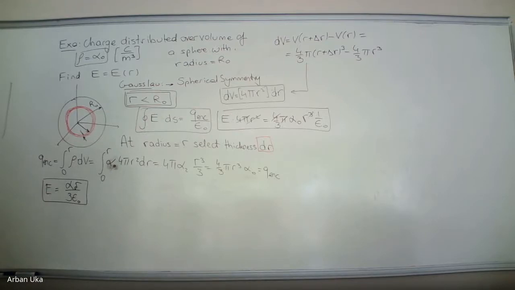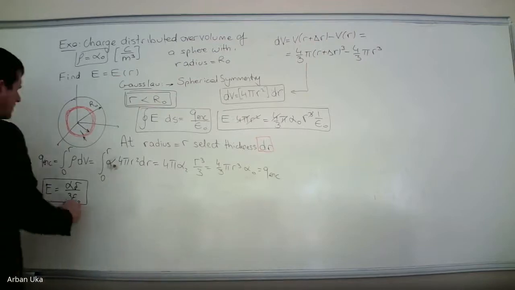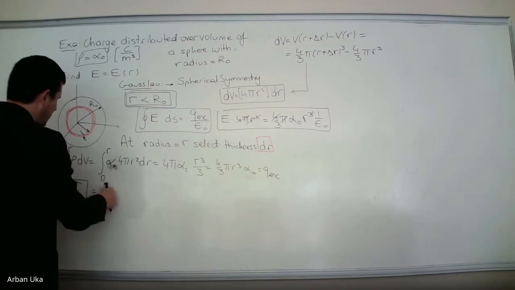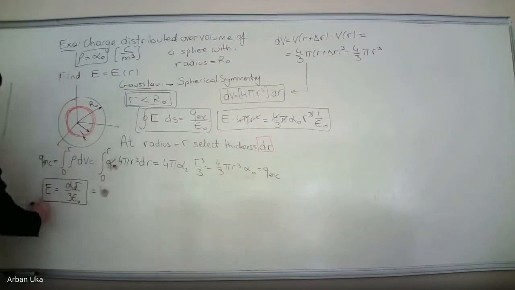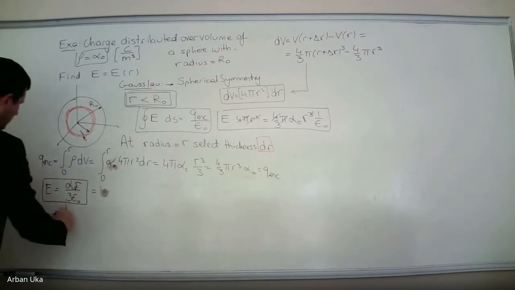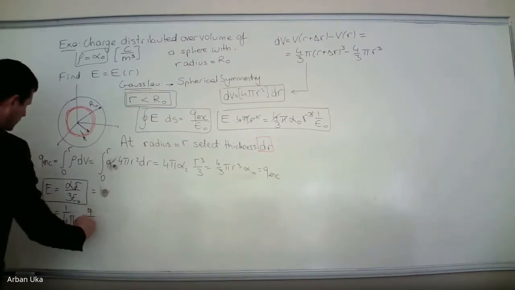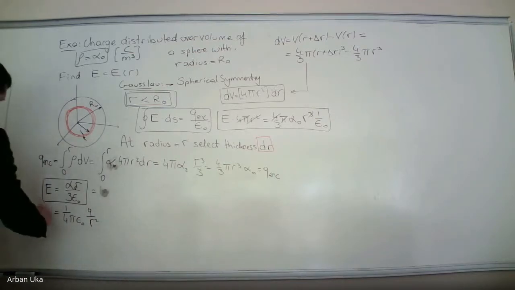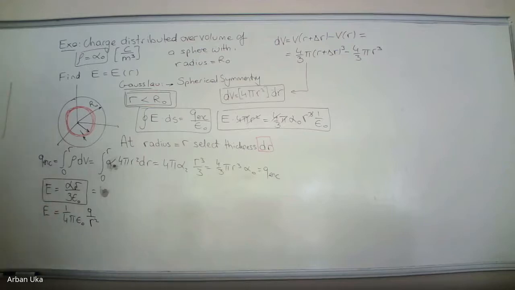But now let's check if the units are okay. Okay. So let's see if the units are fine. And we can often use as a reference the electric field, which is also written as 1 over 4 pi epsilon 0 times q over r squared, right? So this is the electric field as we have learned it for a point charge.